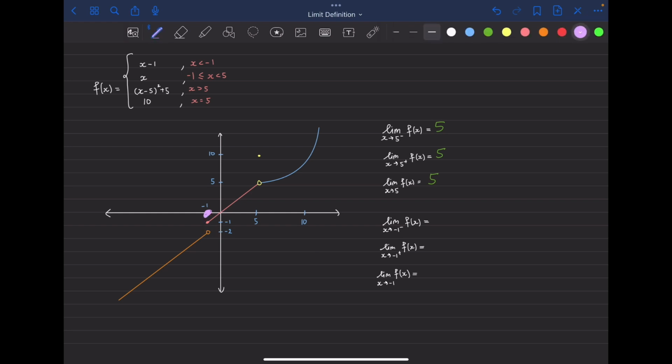solve your answers. So as x approaches negative 1 from the left side, you have to go from the orange line, because that's the left side. You go from bottom to top this way, so from the left to the right. If you keep going, you would approach negative 2 when x is equal to negative 1. So let me repeat that again. I'm going to put a vertical line.